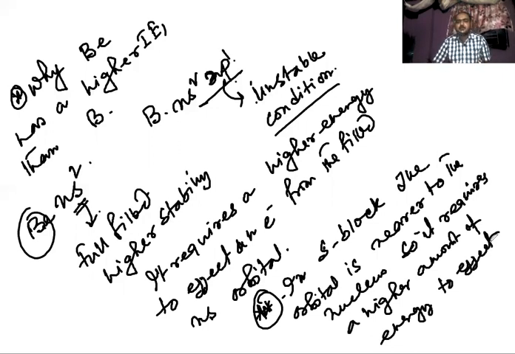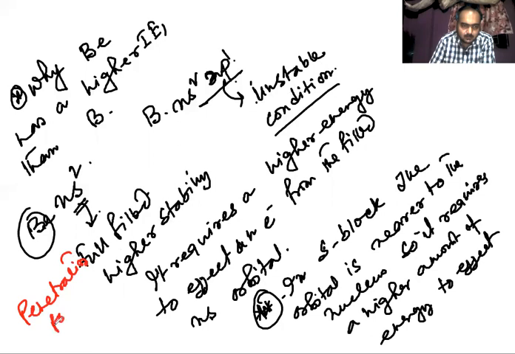This is called penetration power. The s block has a higher penetration power than the p block. That's why the first ionization energy of beryllium is higher than that of boron.